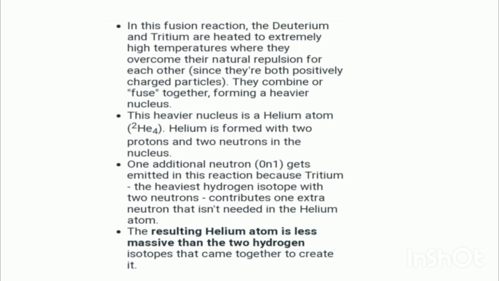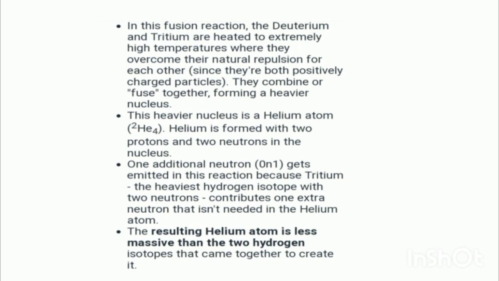Helium is formed with 2 protons and 2 neutrons in the nucleus. One additional neutron gets emitted in this reaction because tritium, the heaviest hydrogen isotope with 2 neutrons, contributes 1 extra neutron that is not needed in the helium atom.